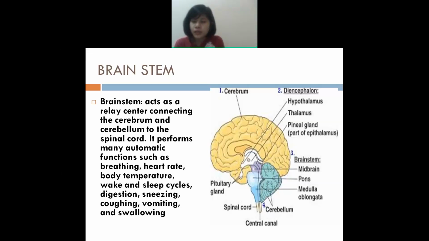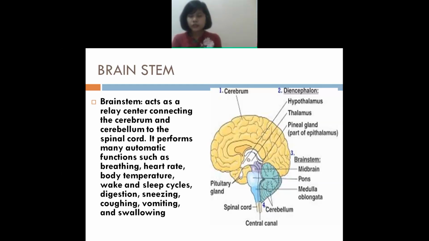Your heart pumps the blood properly because of the brainstem. The brainstem also helps in maintaining your body temperature, and in wake and sleep cycles, which means sleeping as well as waking up.